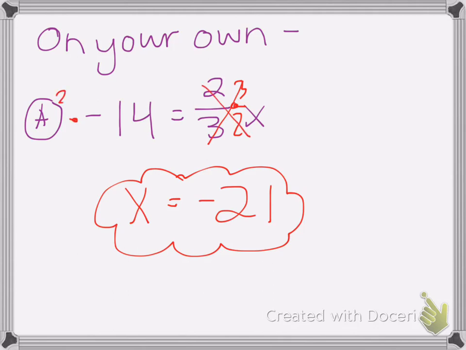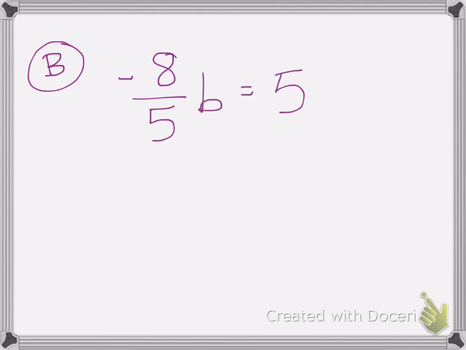Multiplied by 3 over 2, and that's how you would have gotten the negative 21. Okay? Go ahead and try B. Negative 8 over 5 b equals 5. Pause it and try it out.